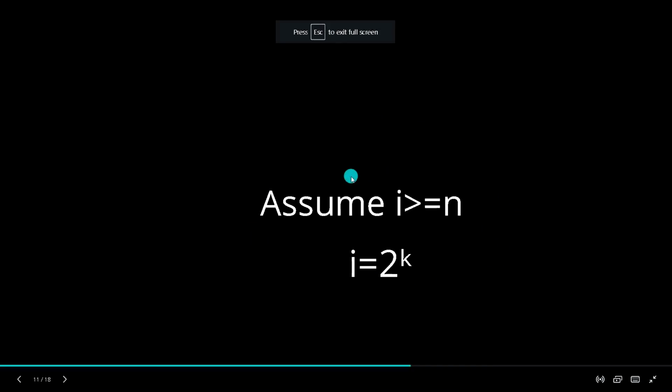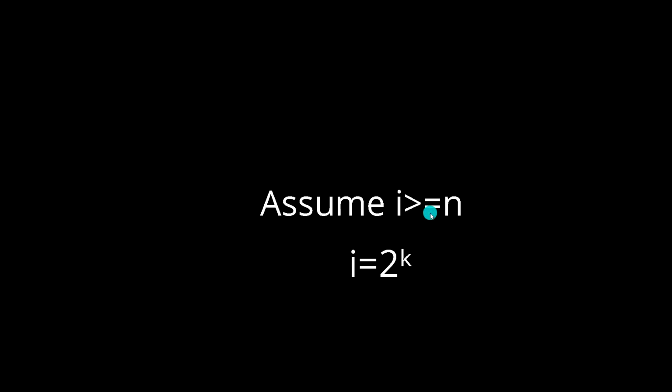Here you assume that i is greater than or equal to n. See, I told you that this particular thing doesn't matter that much. Finally you're just trying to put some relation and then get the bigger term, and from that you're going to get the time complexity. So here i is greater than or equal to n.